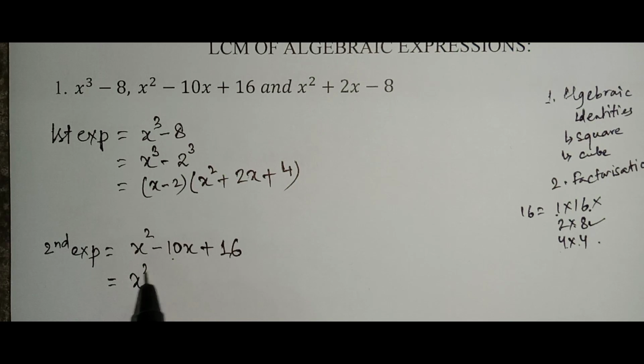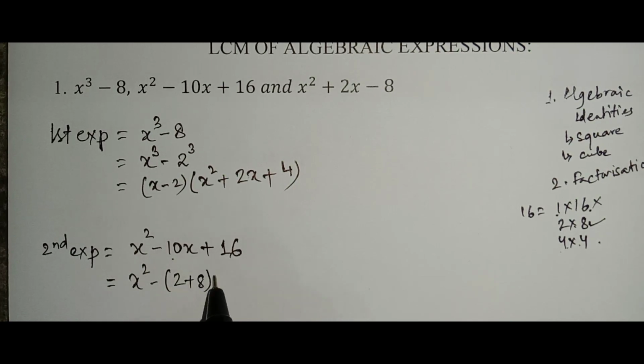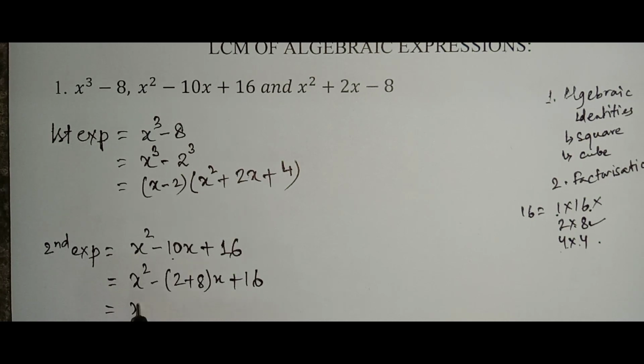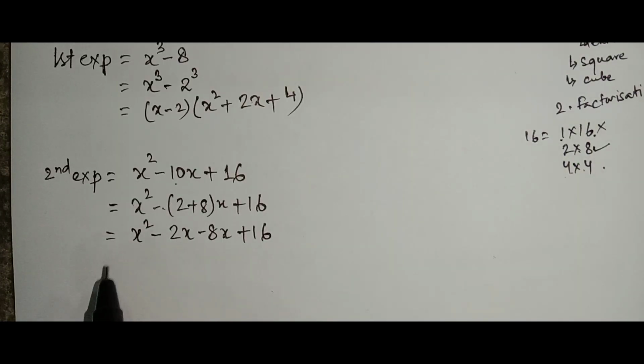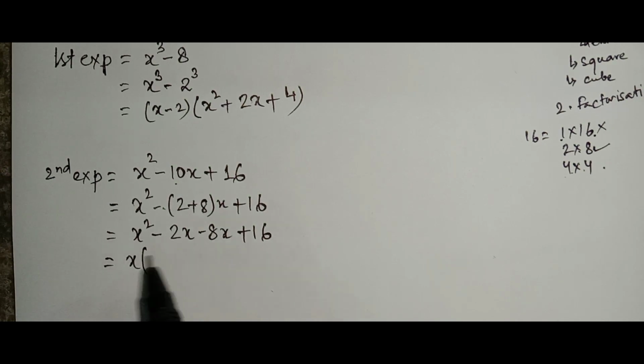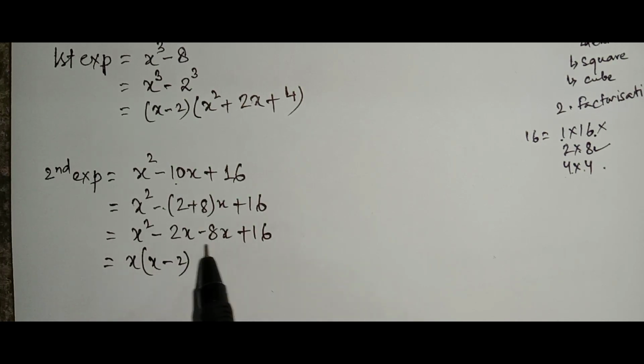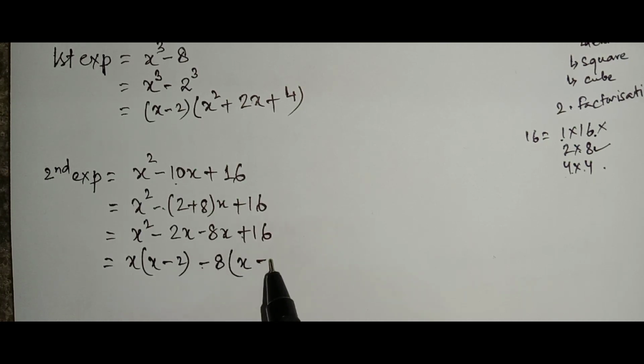So I write x squared minus 2x minus 8x plus 16. Now I can take x common from the first two terms, so x minus 2, and from the last two terms I can take minus 8 common, so minus 8 times x minus 2, since 16 divided by 8 is 2.